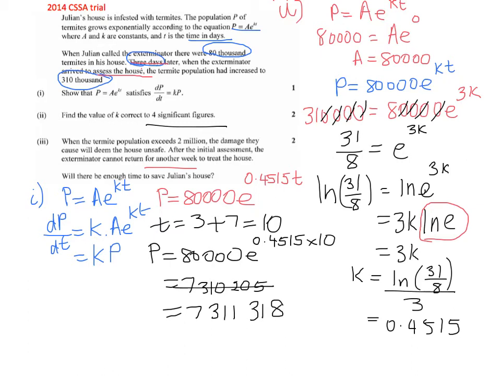Either way, you can see that both of these numbers, 7 million, are more than the 2 million. Please make sure you answer the question. The question for 2 marks is, will there be enough time to save Julian's house? Remember, if the population is more than 2 million, then it is unsafe. So answering the question there: will not be enough time to save Julian's house.